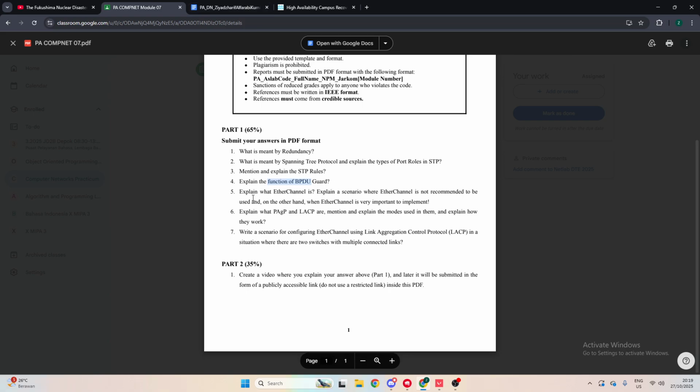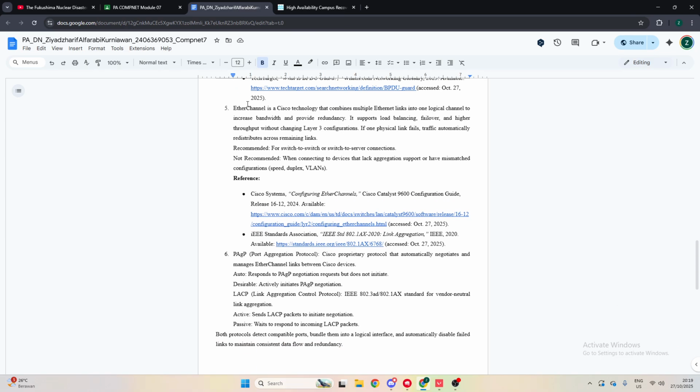Next, explain what EtherChannel is, explain a scenario where EtherChannel is not recommended to be used, and on the other hand, when EtherChannel is very important to implement. EtherChannel is a Cisco technology that combines multiple Ethernet links into one logical channel to increase bandwidth and provide redundancy.